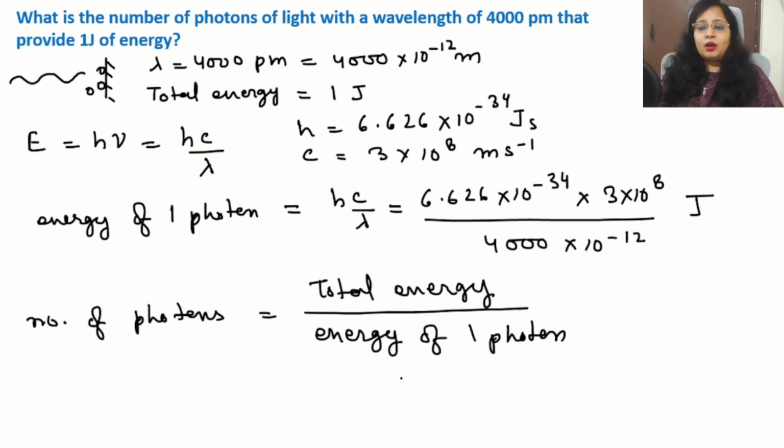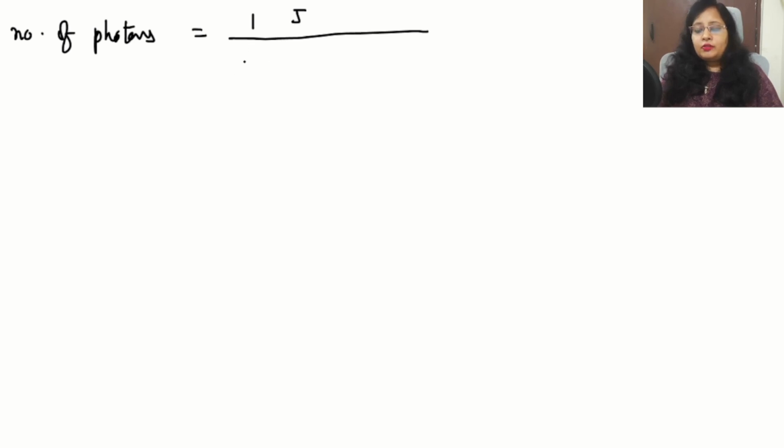Simply, now we will put the values in the formula and we will get our answer. Let's see how. So here, number of photons: total energy is 1 joule, upon the energy of 1 photon.